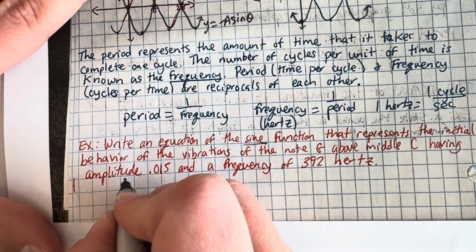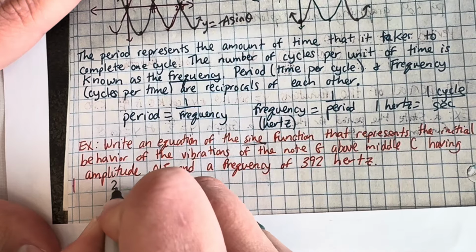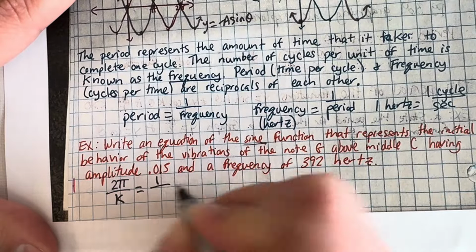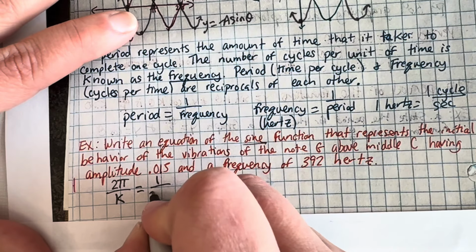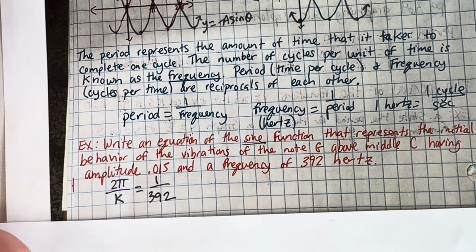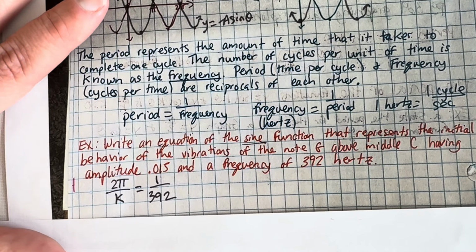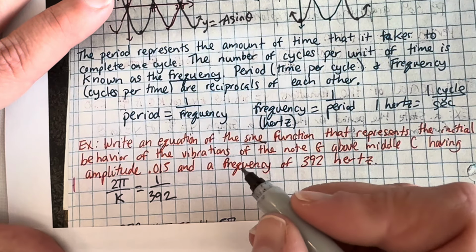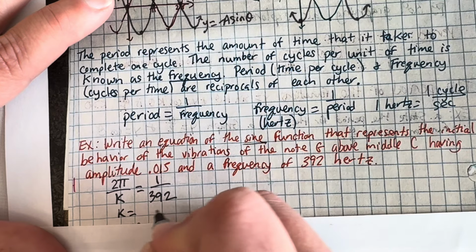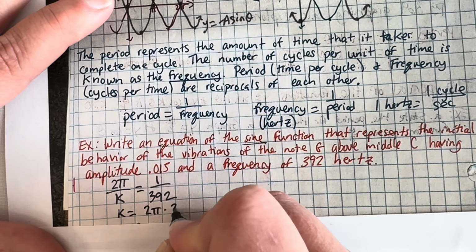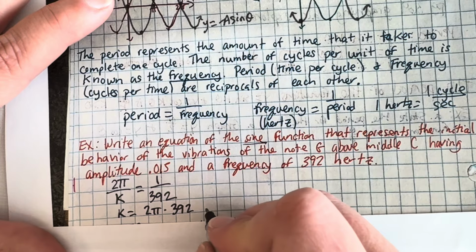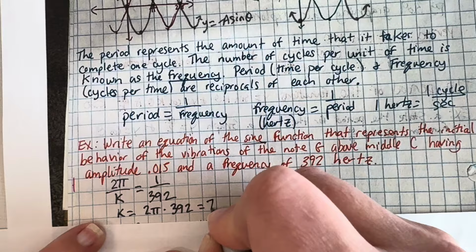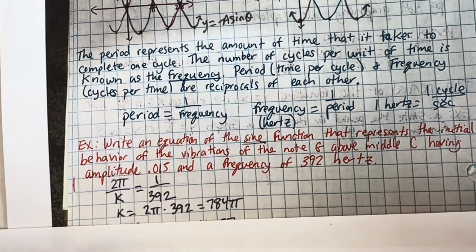We know that period is really 2 pi over k, and period is equal to 1 over our frequency. So now we're going to solve that, and that is going to give us the k that we need for our problem. I'm going to cross multiply here, and I'm going to end up with k equals 2 pi times 392. I'm going to leave this in pi format, so 784 pi is my value of k.